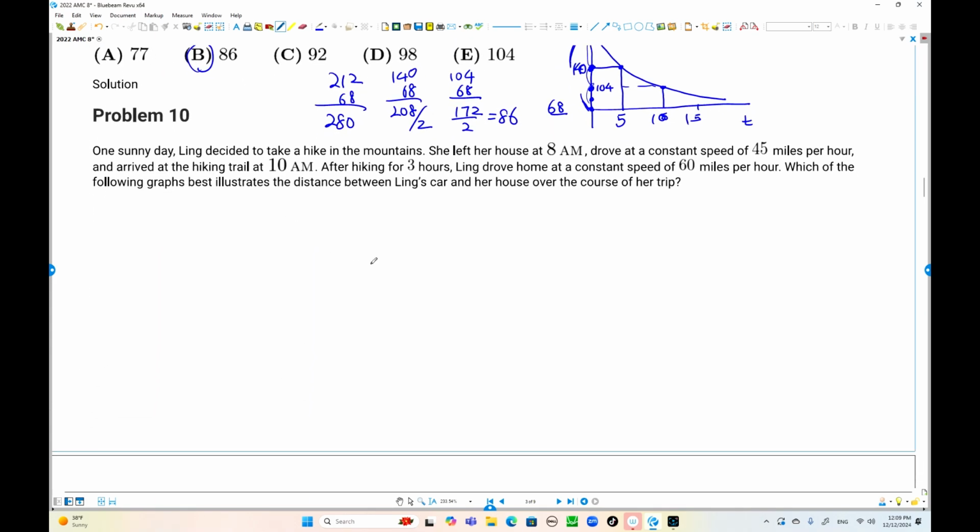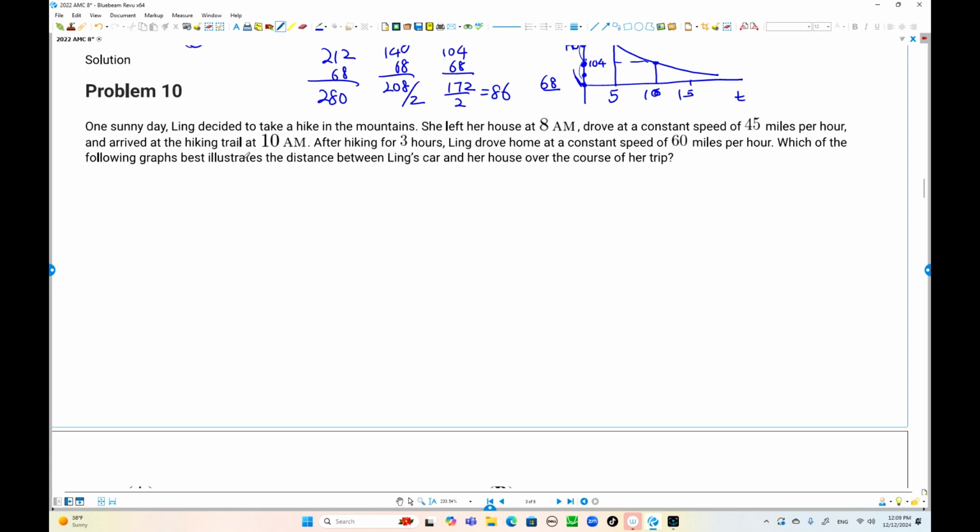Now number 10. On Sunday, the guy starts the hike at 10 a.m. From here to here, 45 miles per hour.